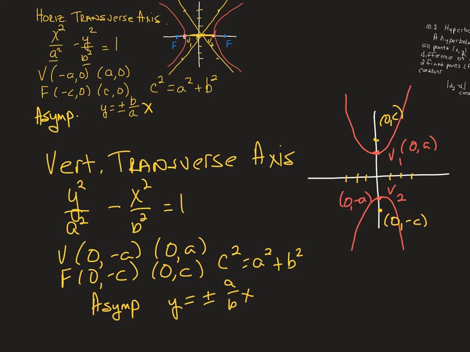If we graph those asymptotes, it's going to be y equals plus or minus a over b x. So I go up a over b, down a over b. Same thing over here, down a over b. And so we can graph those asymptotes. I really did not make my hyperbola wide enough. If I were going to graph it now, I would go towards those asymptotes. I didn't get those even, but that's how you would use the asymptotes.